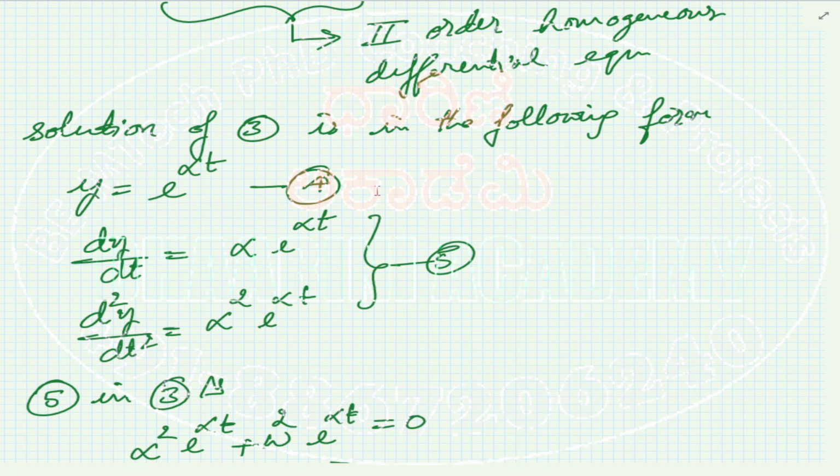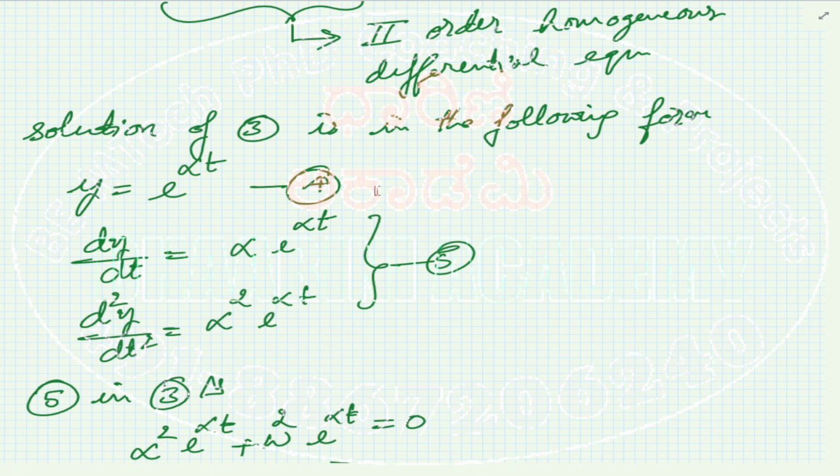When the root is guessed in this format, e to the power alpha t, since this is a root, this should satisfy the original equation which is given. For that, we write dy by dt is equal to y into the derivative of that, so y into e to the power alpha t. That is the first equation.